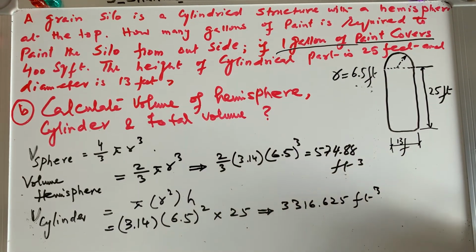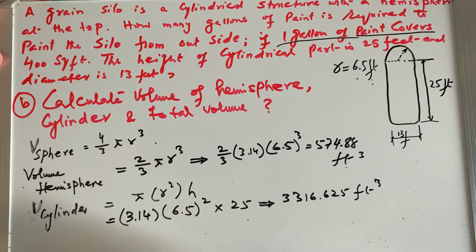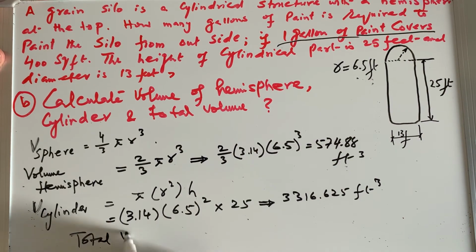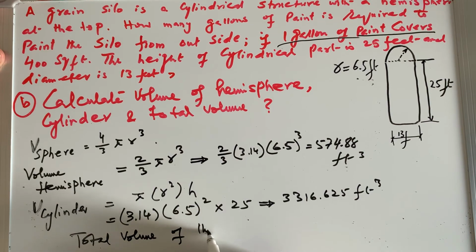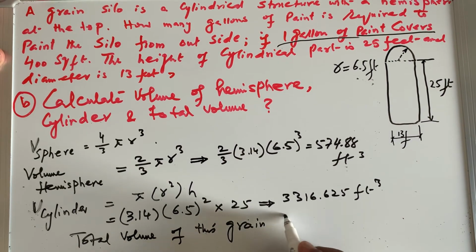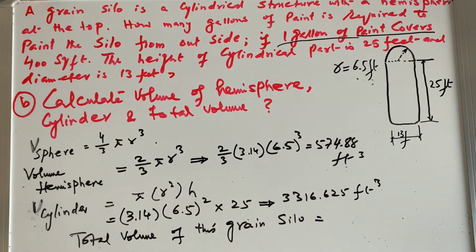And what is the third thing? We have to calculate the total volume of this grain silo, right? So the total volume of this grain silo is equal to the sum of these two.